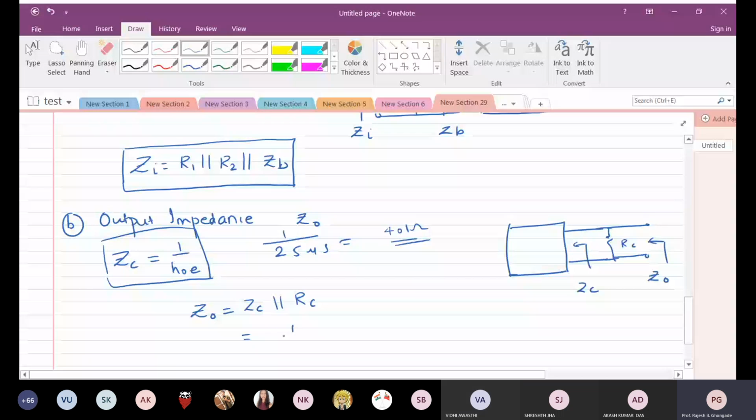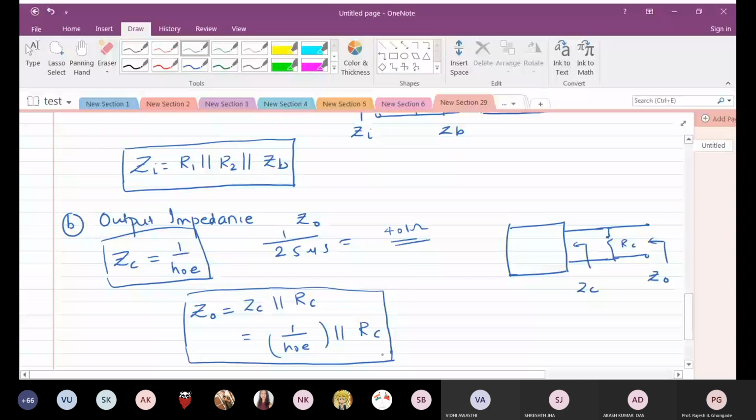We already know that ZC is 1 by HOE. So this will be 1 by HOE in parallel with RC. This is the equation for output impedance of the circuit. All right. Clear to all of you? Yes, sir. Please practice this derivation. Otherwise, you will not be able to remember it later on.